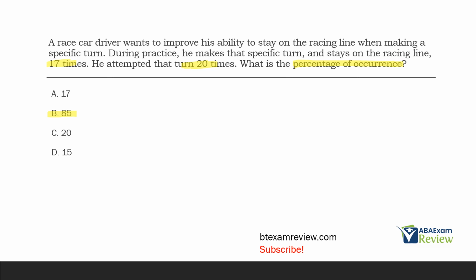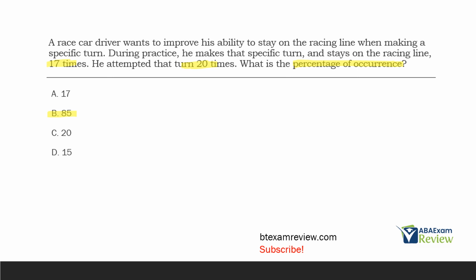Once again, you need to know averages, percentages, totals, and rates, and they're all very simple calculations. With percentages, you're just taking your smaller number and dividing it by your larger number, in most cases in ABA. With percentages of occurrence, you're taking how many times the behavior occurred, dividing it by how many times it could have possibly occurred.